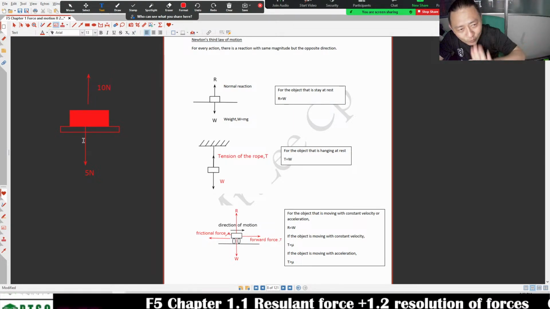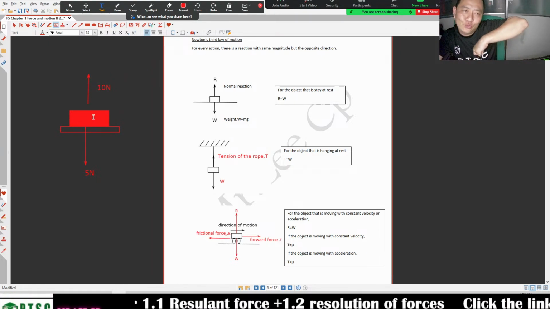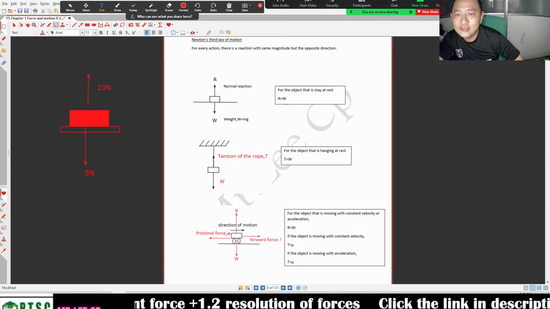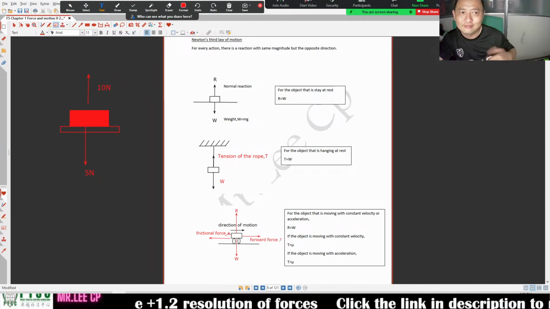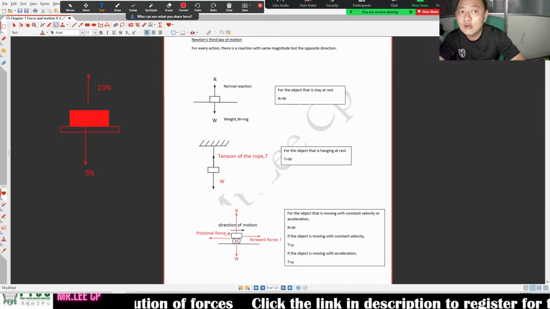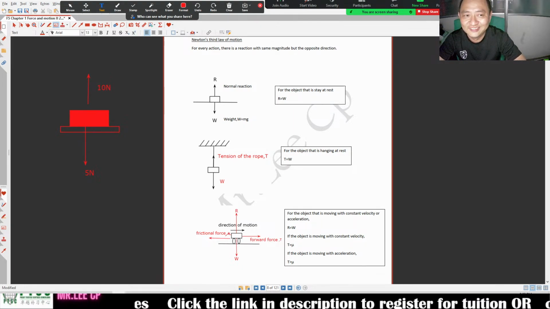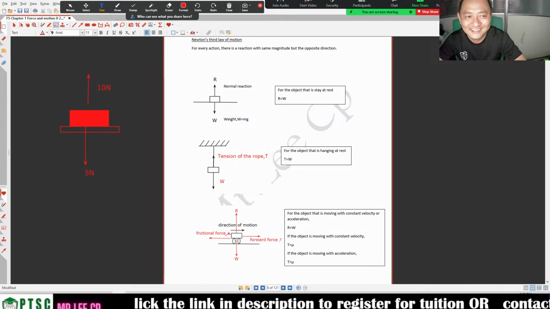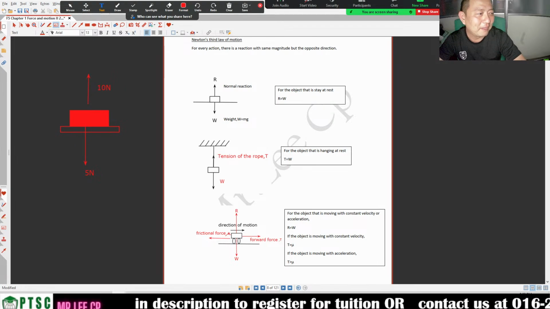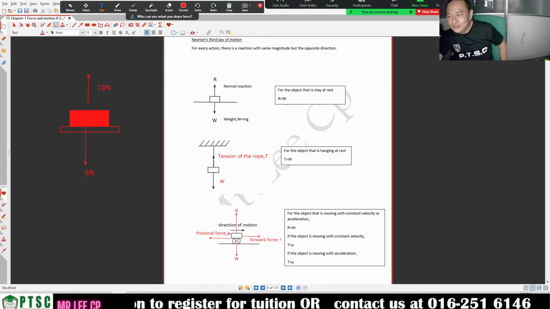This one, the weight is 5 Newton, the physics book, 5 Newton. And I pull it up with a thread with 10 Newton. Then the physics book will how? Not moving, or moving up with constant velocity, or moving up with acceleration, or moving down. Logical question.